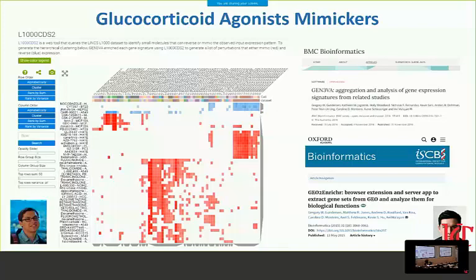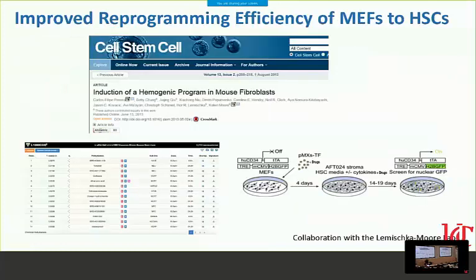And we also get some novel compounds that are potential mimickers of dexamethasone. And the visualization of this is an interactive heat map. And this is the work of Nicolas Fernandez, and he also has a poster here today. He also enabled the ability to create those interactive reports that give you this analysis of these collections of signatures that are extracted from GEO.